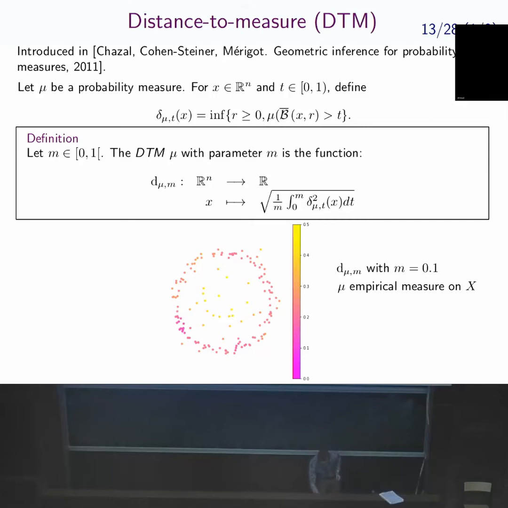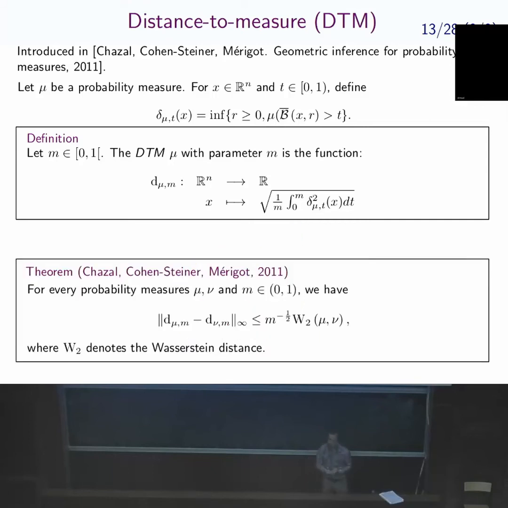There is an important result about it. Say I have two measures, mu and nu, on the Euclidean space. I can compare the DTMs associated to them in sup norm, and the sup norm of the difference of the DTMs is bounded by the Wasserstein distance between mu and nu.